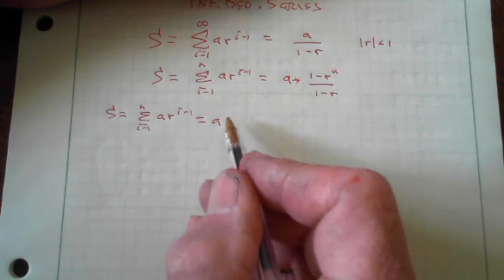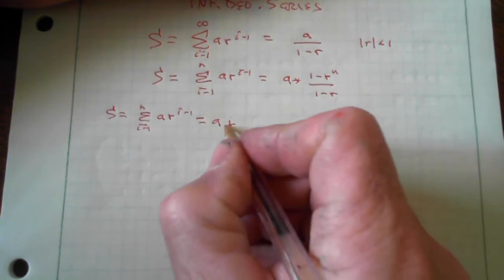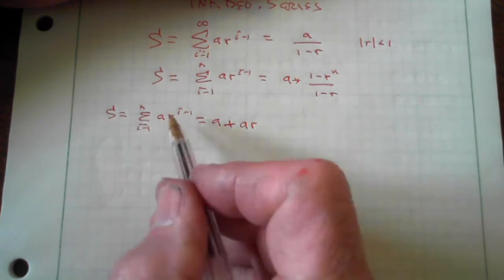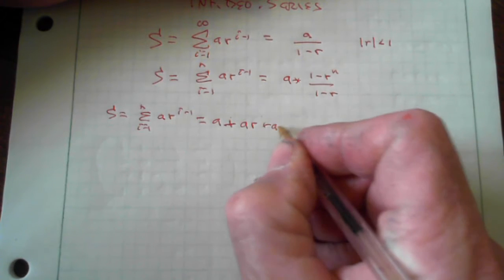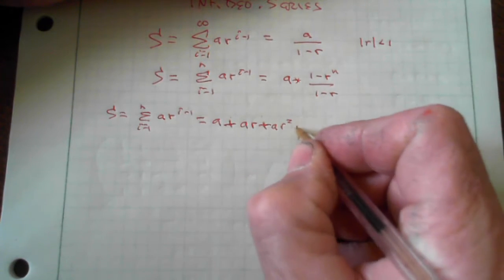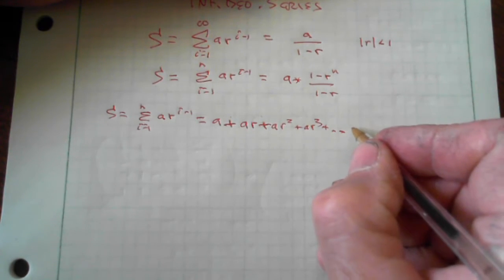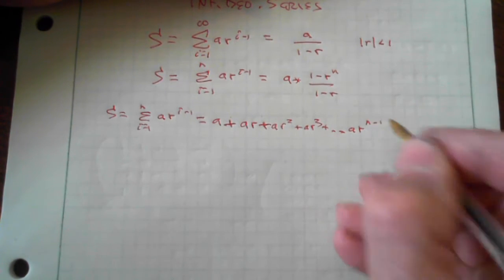So a times 1 is a, plus when i is 2, it'll be a r to the 2 minus 1, which is a r to the 1, which is a r. Then a r squared, then a r cubed, and we're going to go all the way till we get to n, which will give us a r to the n minus 1.